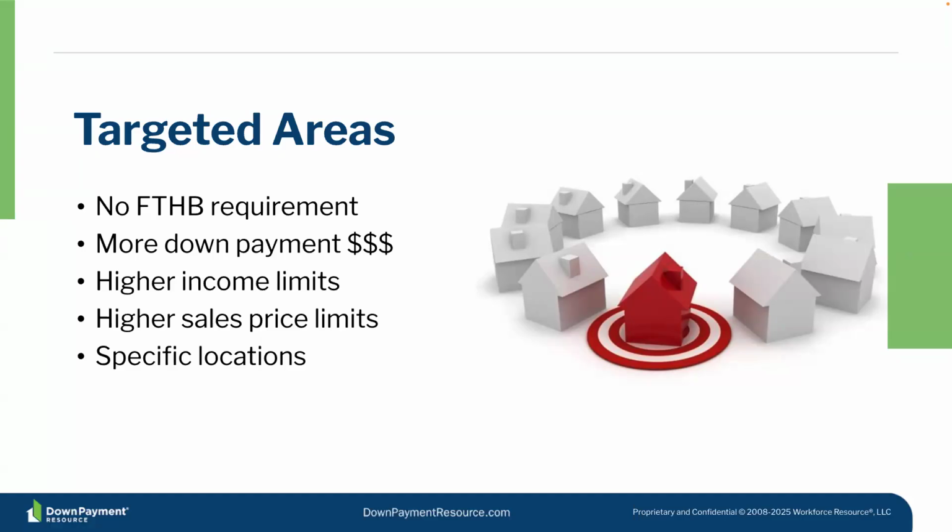The assistance amount may also be increased, and the income limits and sales price limits may often be higher. The idea here is to promote homeownership in revitalization areas, particularly so that core service providers and professionals can live where they work. These targeted areas are all over the map, not just in big cities. The areas are usually bounded by specific cities, zip codes, census tracts, or sometimes even entire counties, right? We've seen some consortium of counties all grouped together.